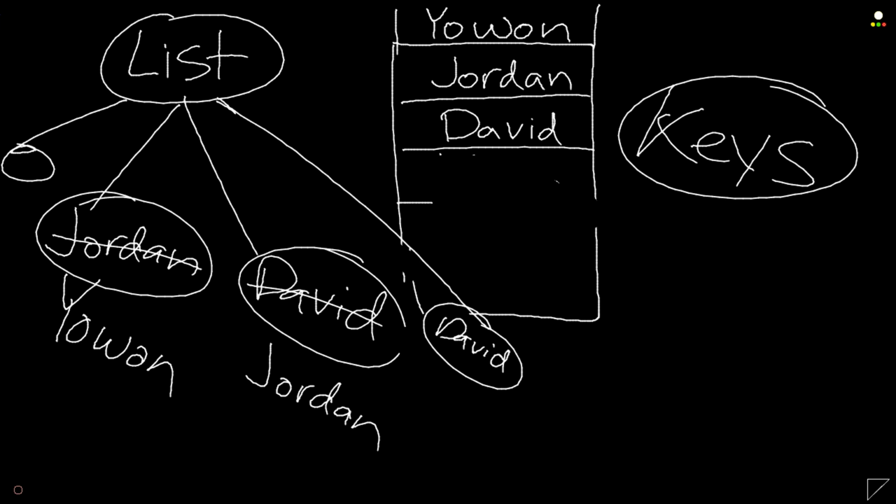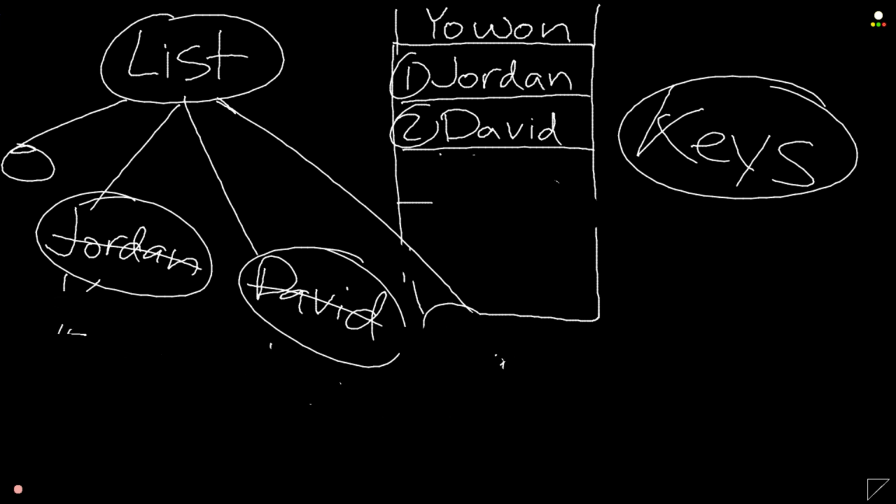And so what it does to solve this is use something called a key. Anytime we have a list of data, React says that one of the props you should pass for each of the things in the list is a key. So in this example, say we had given Jordan and David keys of 1 and 2, and now we added Yohan at the top.